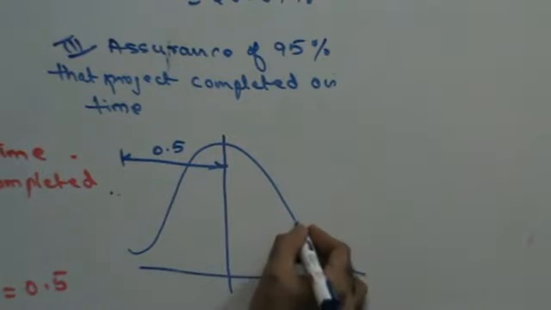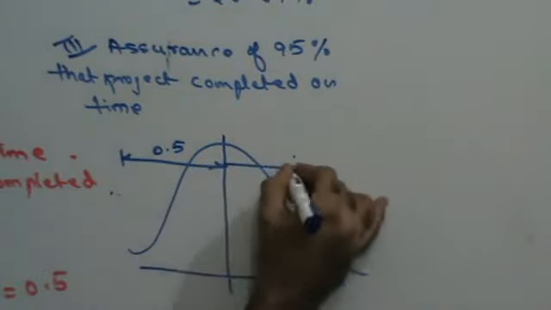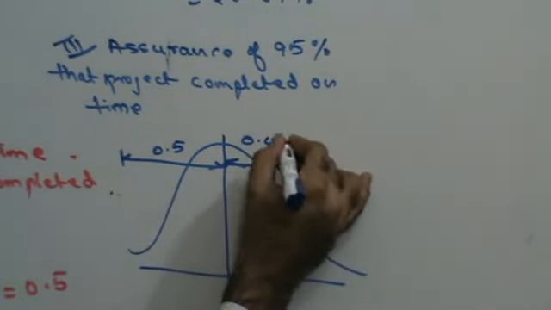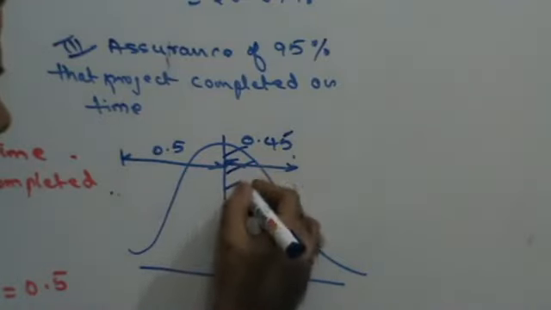That means how much more area do I need? I need an area of 0.45 more, because 0.5 plus 0.45 will give you 0.95, right? That means on the right hand side of the bell curve, I need an area of 0.45.